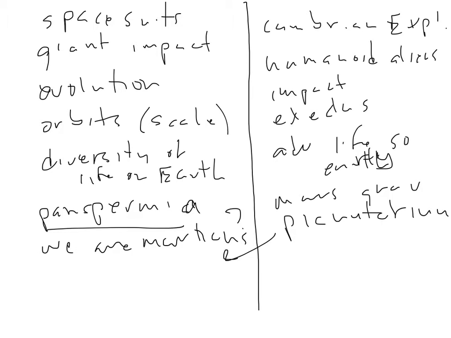Wouldn't that impact not be that destructive? It would be like the dinosaurs kind of. Well, it's an issue of scale. You can't really tell the scale, the planetarium is not to scale. Yeah, any mention of scale goes out the window.